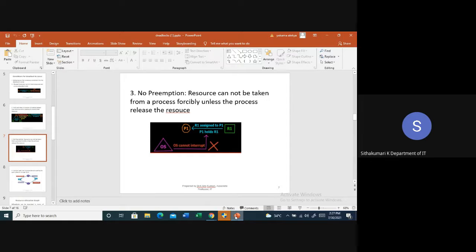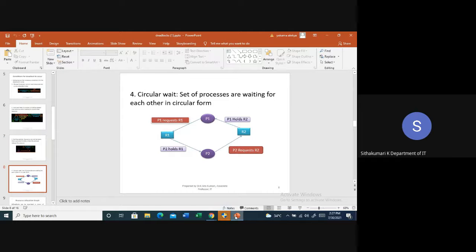So P1 has to release the resource R1 voluntarily after it completes the execution. So the OS cannot interrupt. The OS cannot forcibly take the resource from that process P1. This is not allowed. No preemption. That is the meaning of this. The last condition is circular wait.